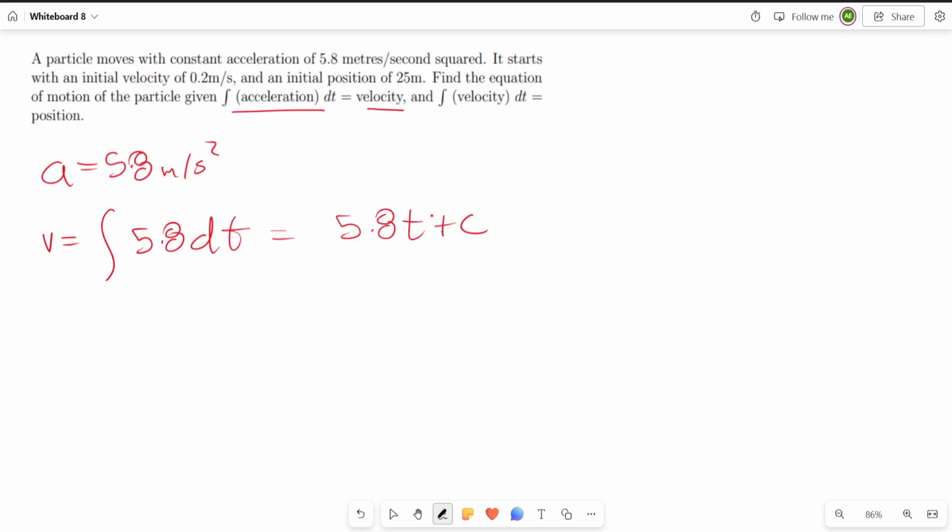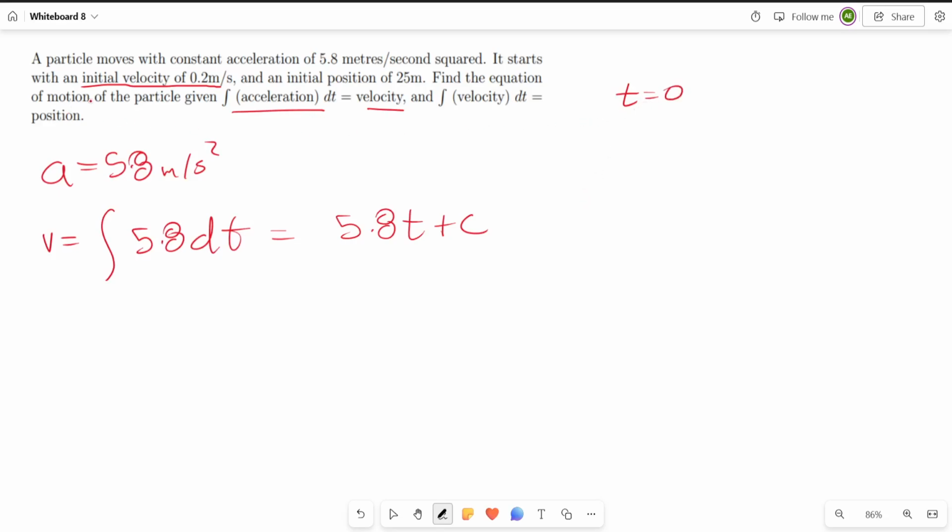Remember, whenever we reach this point, we need to have an initial point or an initial condition, which we were given over here. Okay, so it says that the initial velocity is 0.2. What do we mean initial? Initial means at the start, right? At the start, so it means that time equals 0.